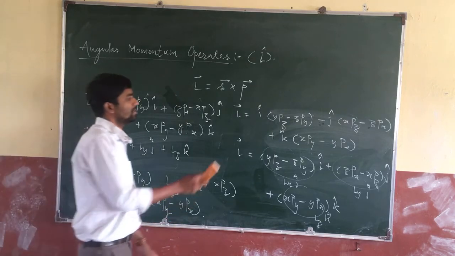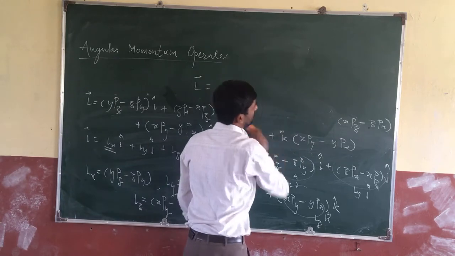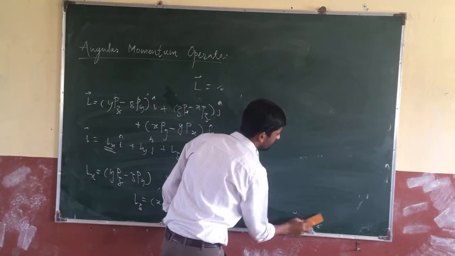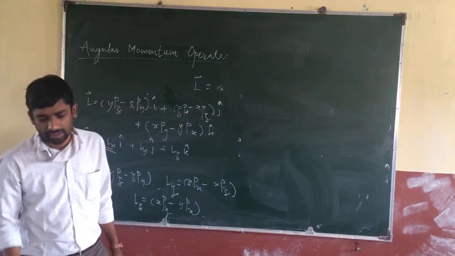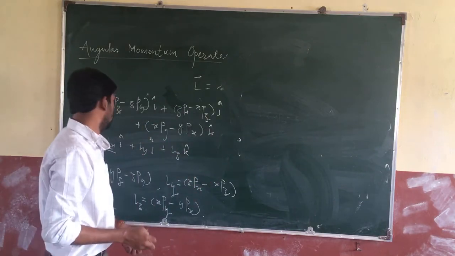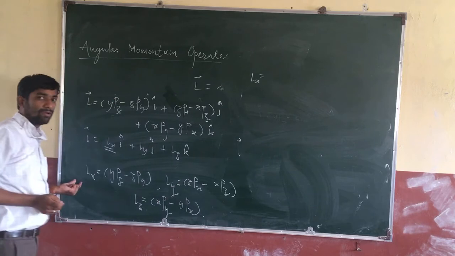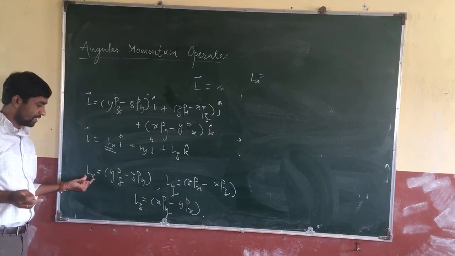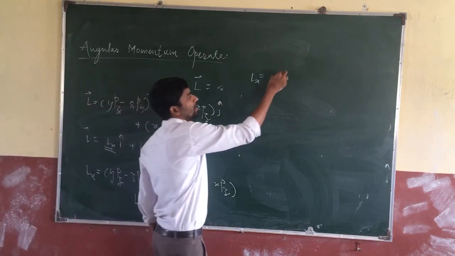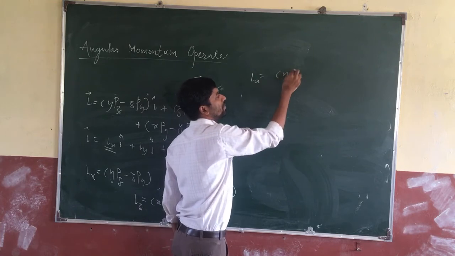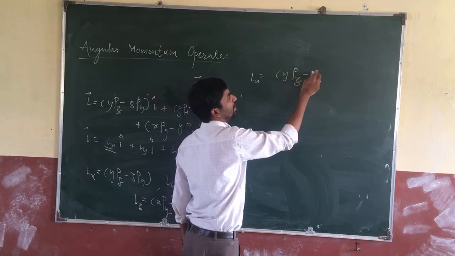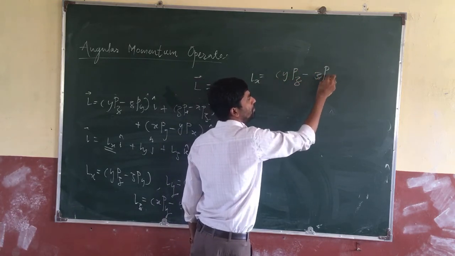You can simplify and write this in another form. Lx, the angular momentum component along the x-axis, is y pz minus z py.